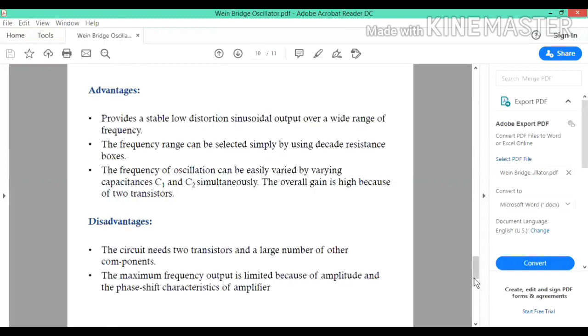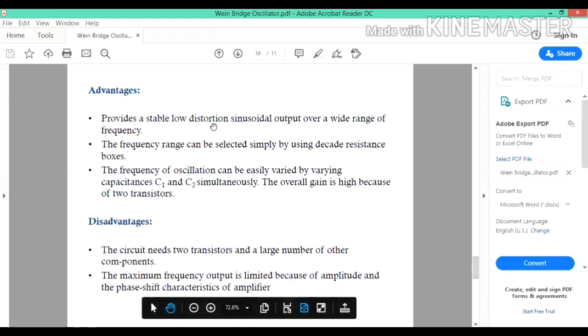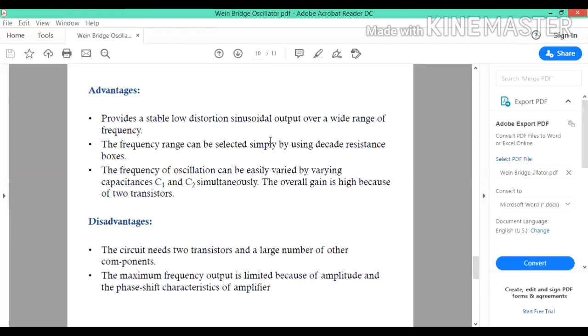Now let's see the advantages and disadvantages of your Wein bridge oscillator. Your Wein bridge oscillator works in the low frequency range. It is able to provide low distortion across your sinusoidal output. And the frequency range can be selected simply by using decade resistance boxes.